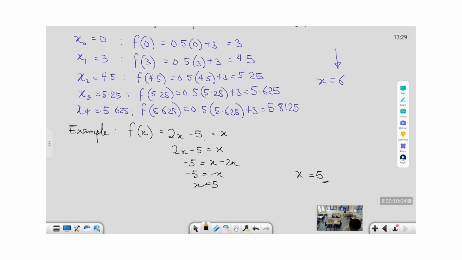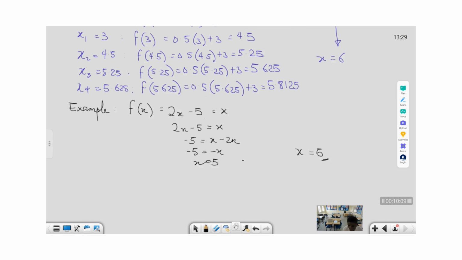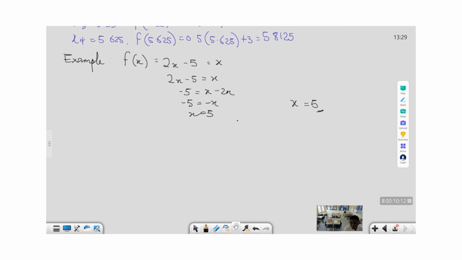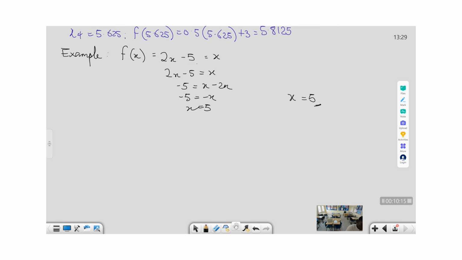But first, we need to test this for contraction. So for the contraction, you have f of x1 minus f of x2 equals 2x1 minus 5 minus (2x2 minus 5).